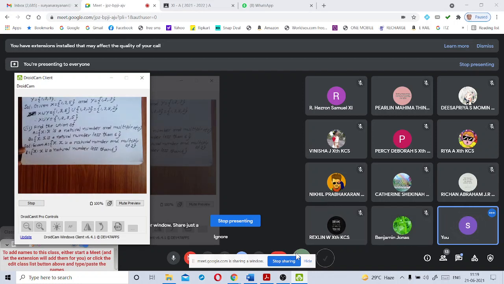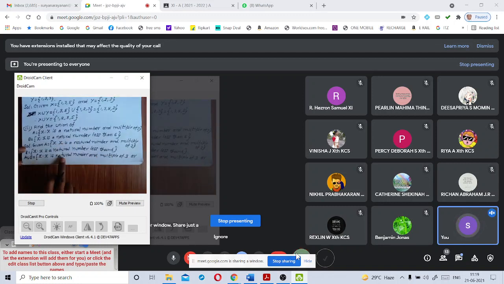Okay. So A union B is equal to set of all x such that x is a natural number and a multiple of 3. See here, I'm joining these two sentences with the help of or.